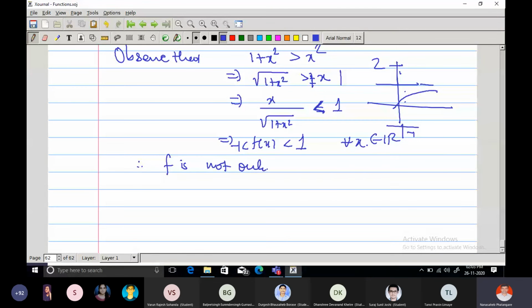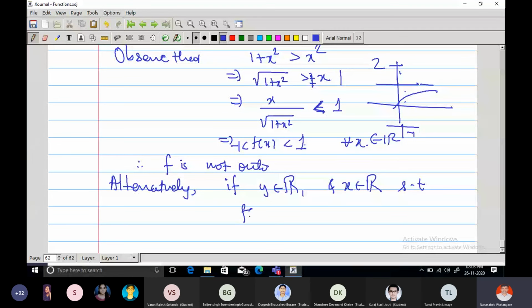So if it is not onto, another way, alternatively, if y belongs to R in codomain and x belongs to domain such that fx is equal to y, then for what values of y is it possible to find x?